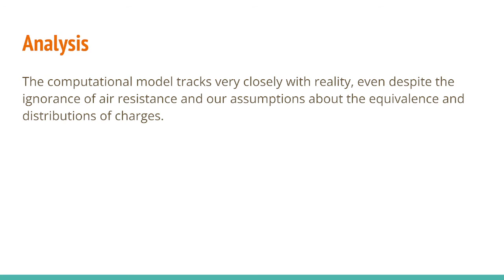There's a very good likelihood that the charge of the first piece of tape that we ripped off the table and the second one were not the same, and that when we put it on the books, something was lost in the middle, but it worked out. And so what matters honestly is just that the computational model did display what we expected and what we hoped. Yeah, so it worked, and that's that.